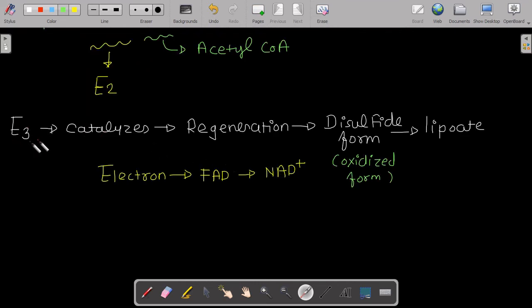Now this E3 then catalyzes the regeneration of the disulfide form, that is the oxidized form of lipoate, and electrons pass to FAD first and then to NAD plus.